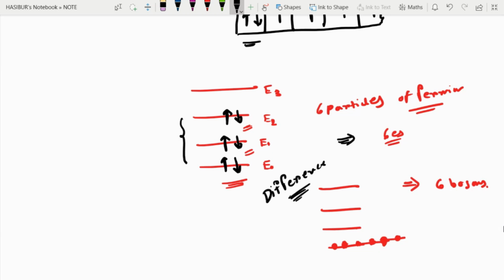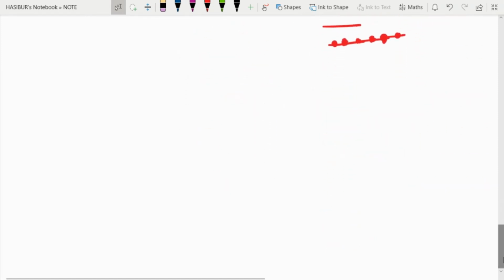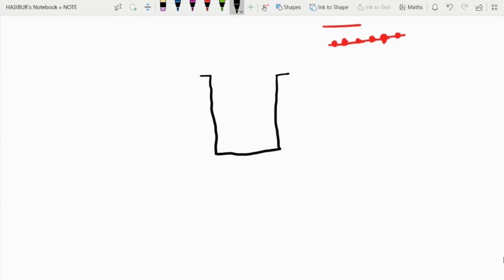Now I want to ask a specific question, and let's try to guess the answer. Suppose you have a box of particles. There is a box A which has fermions inside it.